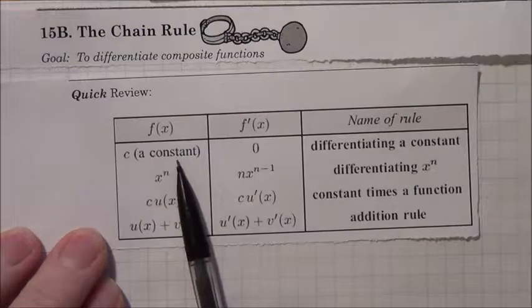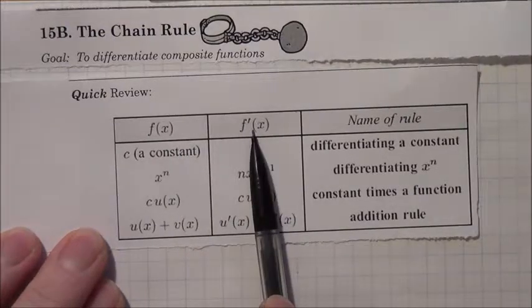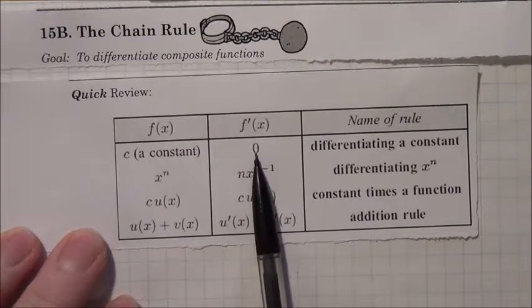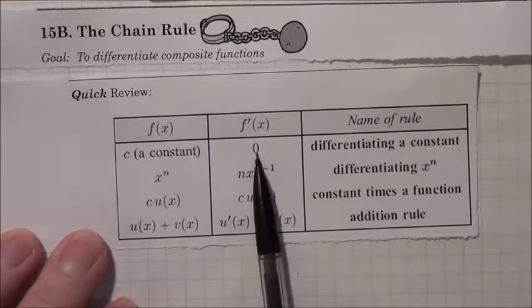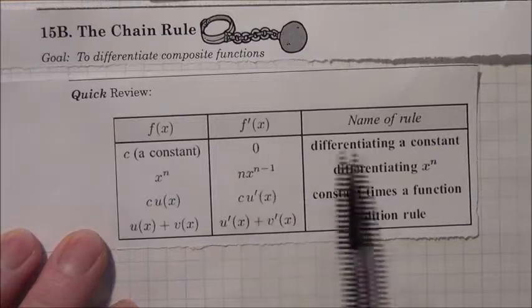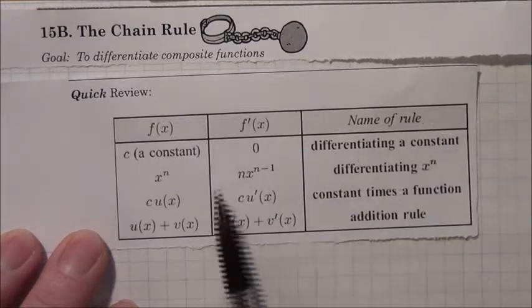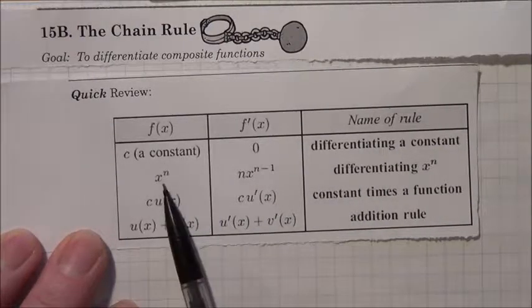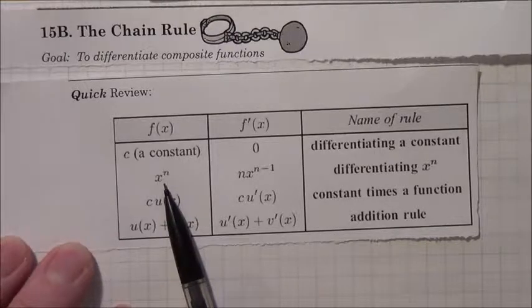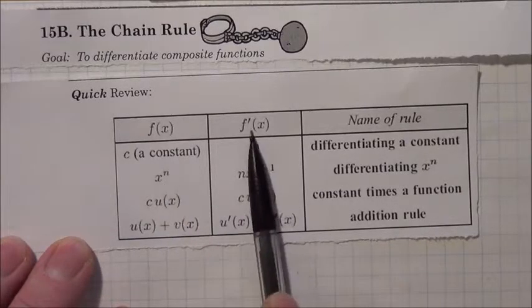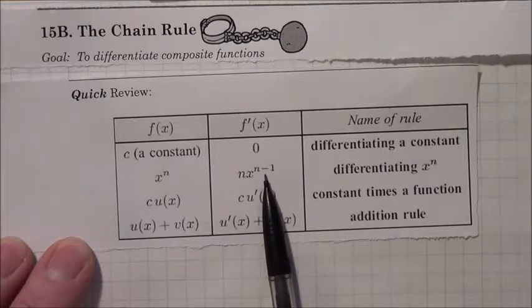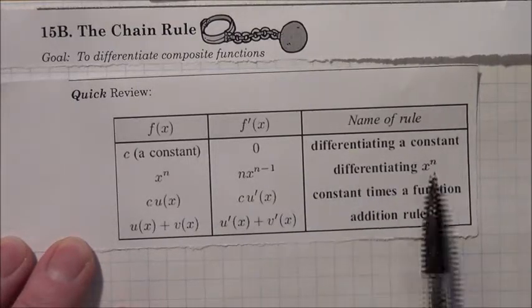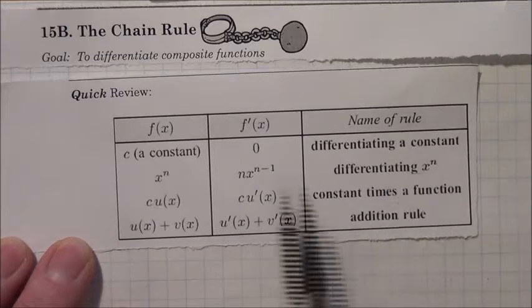If the function is just a constant, the derivative or the gradient function is going to be 0, because a constant is just a horizontal line and the gradient of a horizontal line is 0. So that's differentiating a constant. If the function is x to the power n, then the gradient function is n times x to the power n minus 1. That's differentiating x to the n, or differentiating a power.